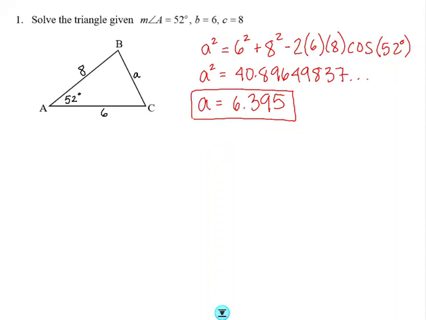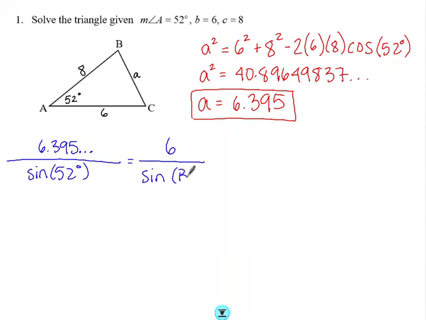If I set up my law of sines, I have side A, and I'm not going to round it here, and I'll show you what I'm going to do in the calculator in a minute, over sine of angle A equals side B, which is 6, over sine of angle B. So I get that sine of B equals 6 times sine of 52 degrees over side A.